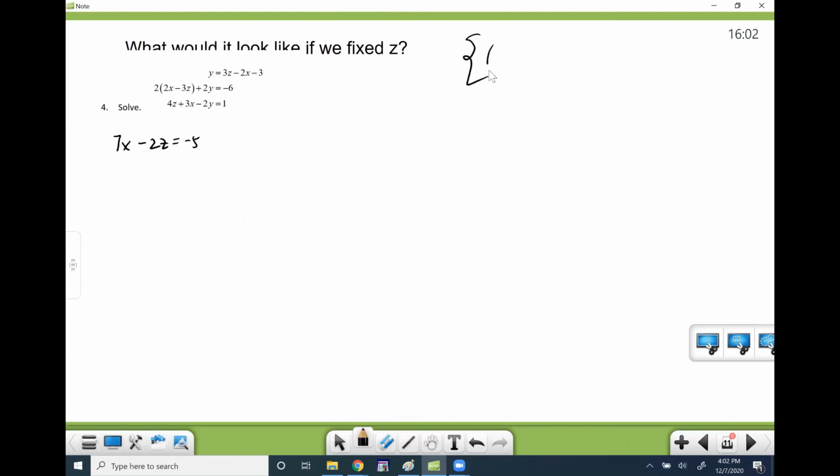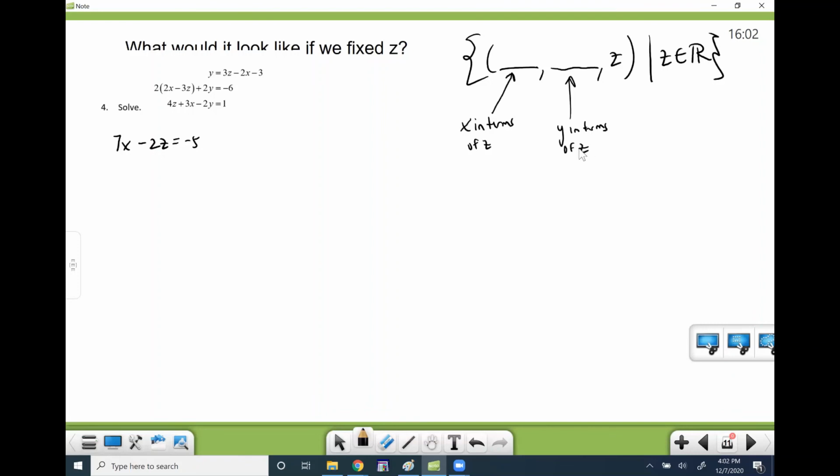It's all X, comma, Y, comma, Z, such that Z is any real number, okay? So this means we need to get X in terms of Z, and we need to get Y in terms of Z, so that everything's all Z's, right?